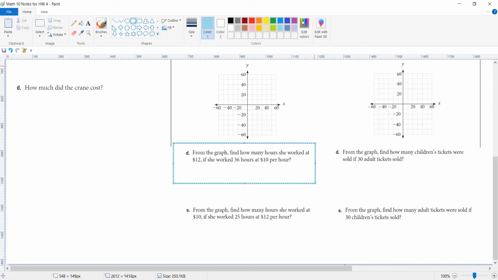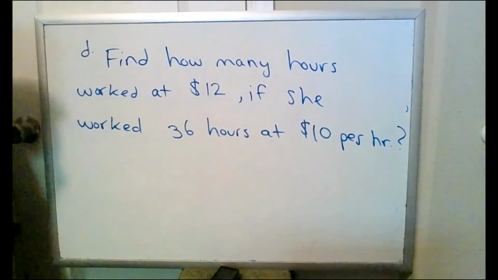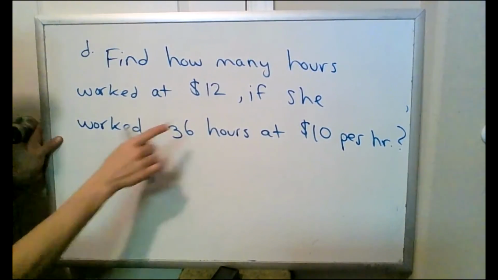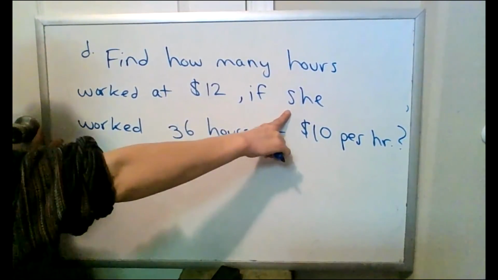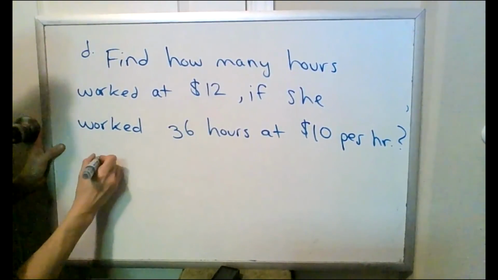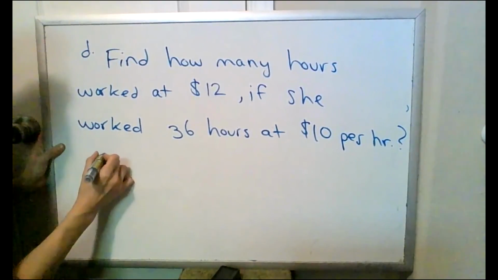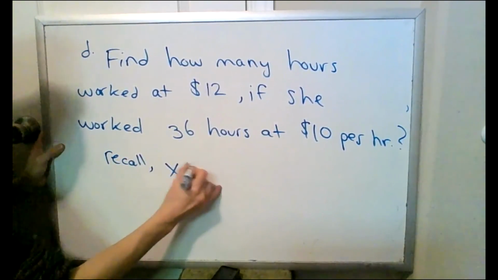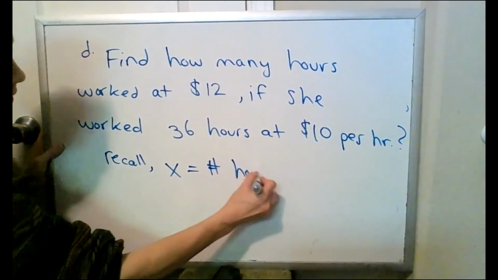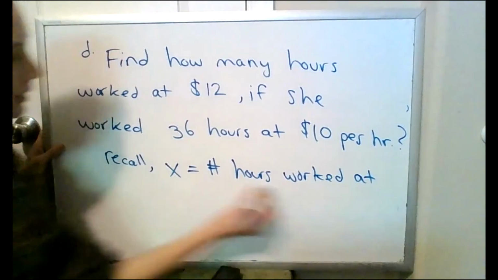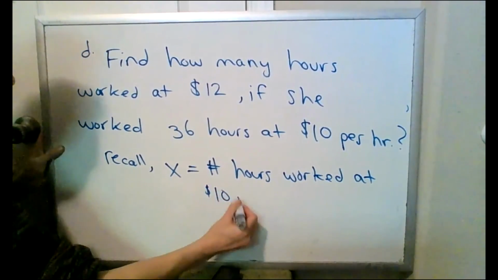Okay, here we go. I paraphrased the question. And then you're told that she worked 36 hours at $10 per hour. Just a reminder, recall x was the number of hours worked at $10 per hour.